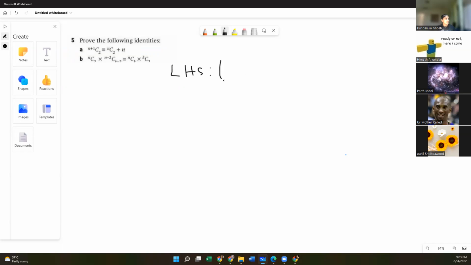I'm just going to rewrite this as n plus 1 choose 2, which equals, should be an equal sign, n plus 1 factorial over 2 factorial, which is 2 times 1, so it can just be rewritten as 2, times n plus 1 minus 2 factorial. So n plus 1 minus 2 factorial is just n minus 1 factorial.